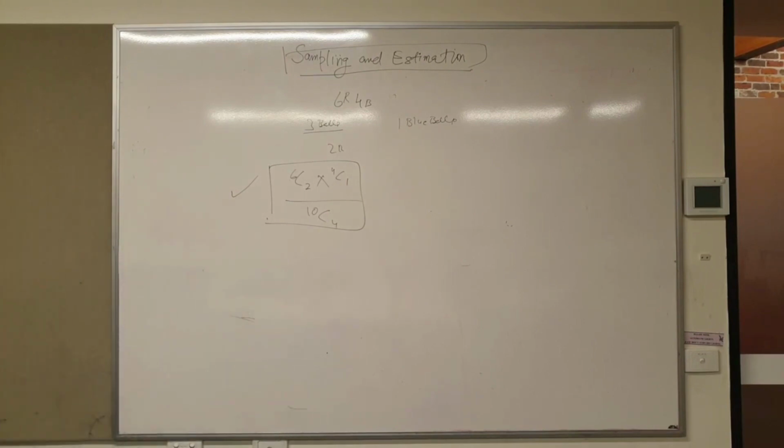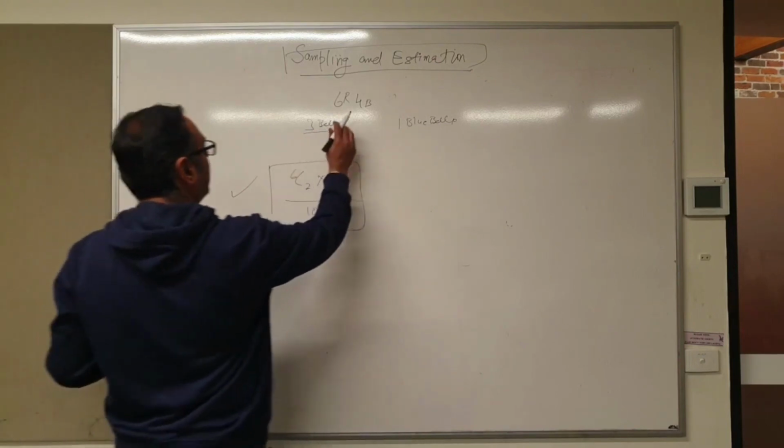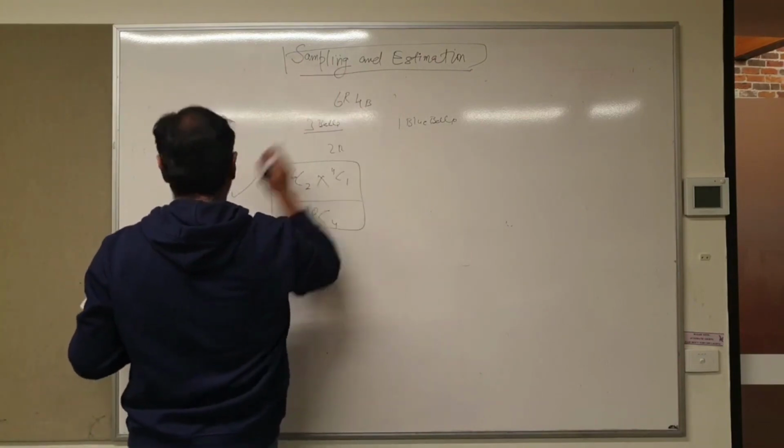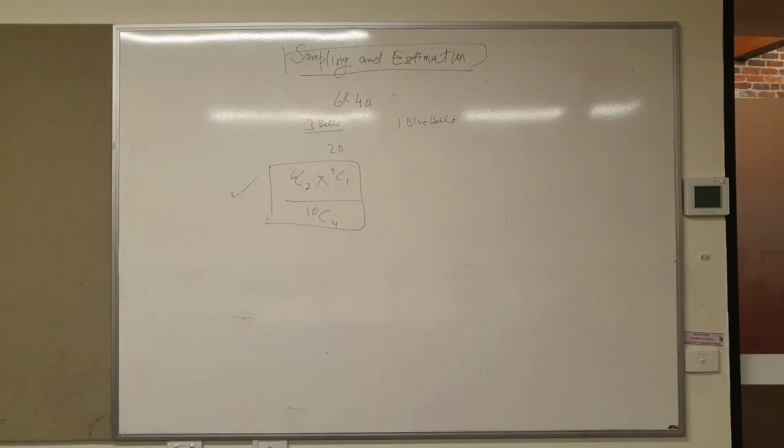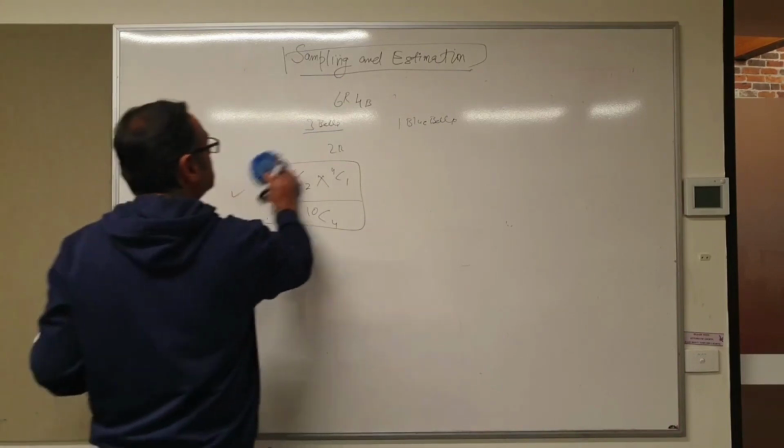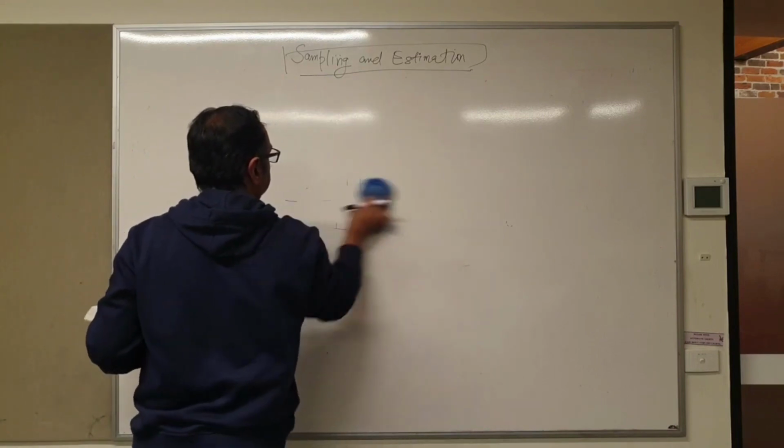So now, let's talk about an example from the book, and that'll quickly make more sense. Same story, and I'm just taking it so that I don't get confused. I've got 10 balls again in my bag, and this time I have 6 blue and 4 red.